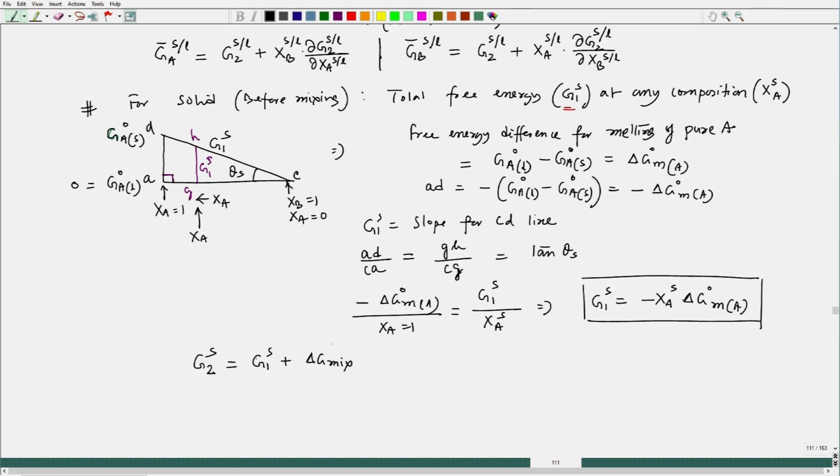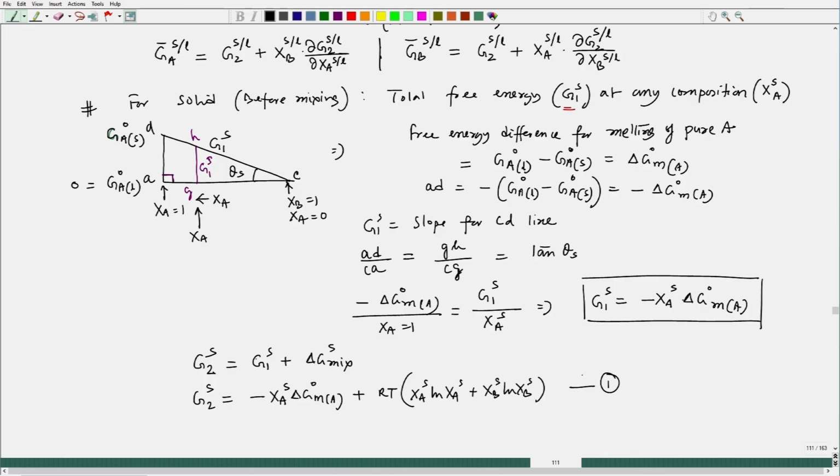So I can write minus XA solid delta G naught M A plus RT times XA solid ln XA solid plus XB solid ln XB solid. So I get an equation for G2 solid at any composition with respect to A, from XA equal to 0 to XA equal to 1. Let us say this equation is 1.